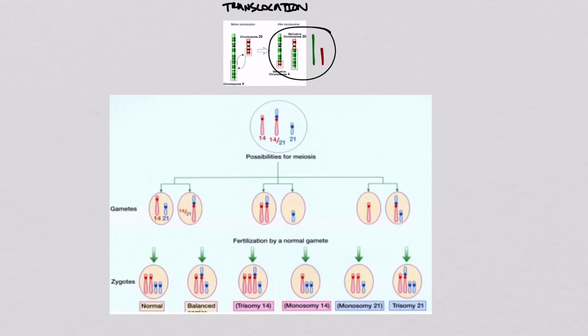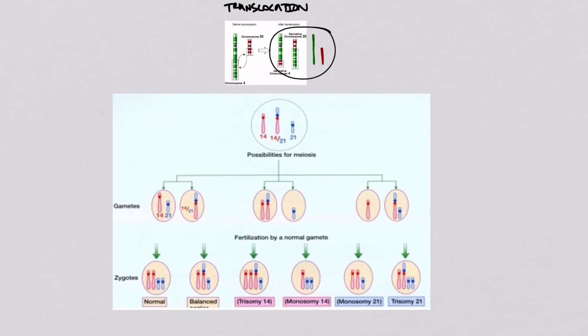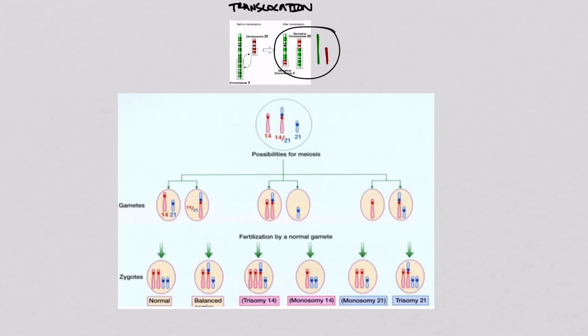Okay, so again, coming back to the main point, translocation is generally not bad for the people that have it. They're usually perfectly normal, but it can lead to difficulties conceiving because, as you see, we get a lot of unbalanced pairs of chromosomes in this case of a translocation. Okay, that is it. Again, sorry for the late posting of this, but I hope you had a happy Sunday.